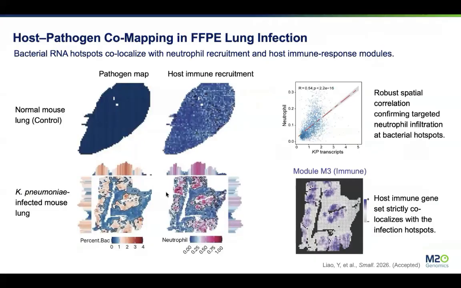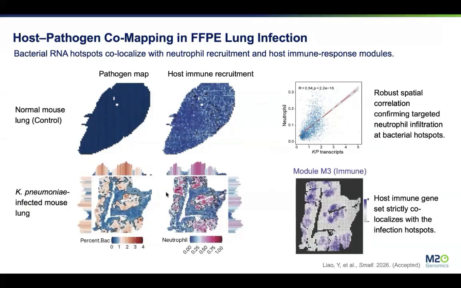Another key capability of NATA is spatial host-pathogen co-mapping. We analyzed a mouse lung infected with Klebsiella pneumoniae. The left-hand side compares an uninfected control with infected tissue. And with NATA, we were able to both map bacterial RNA abundance along with host immune responses, including neutrophil recruitment inferred through spatial deconvolution.